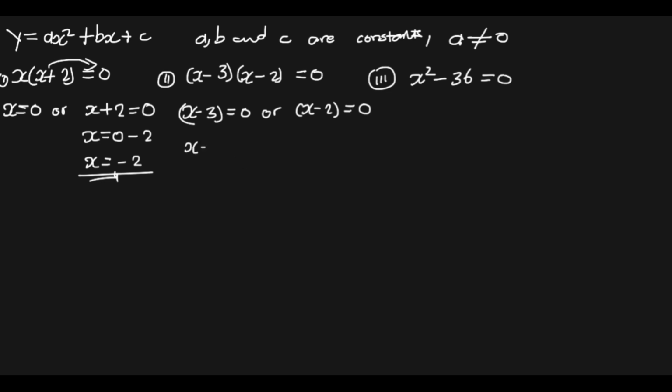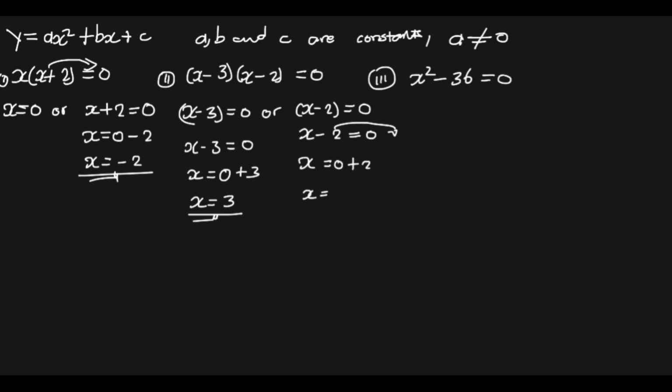For x minus 3 is equal to 0, we move our negative 3 to the other side, where we have 0 plus 3. Then the first value of x is positive 3. Then also x minus 2 is equal to 0. If we move our negative 2 to the other side, we have 0 plus 2, where we get the other value, x is equal to 2.